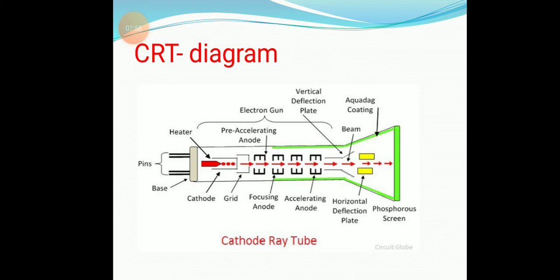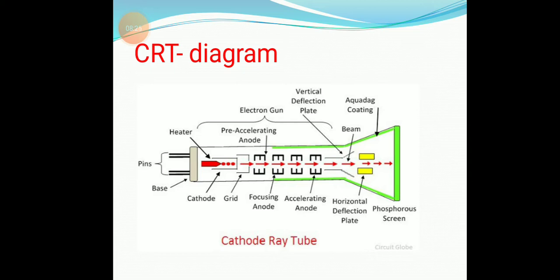Next point, the assembly of a focusing and accelerating anode is used to control the scattering of electrons and increase the speed of the electrons, because I want to move my electron beam from cathode to anode. The focusing anode is placed between the pre-accelerating anode and the accelerating anode.